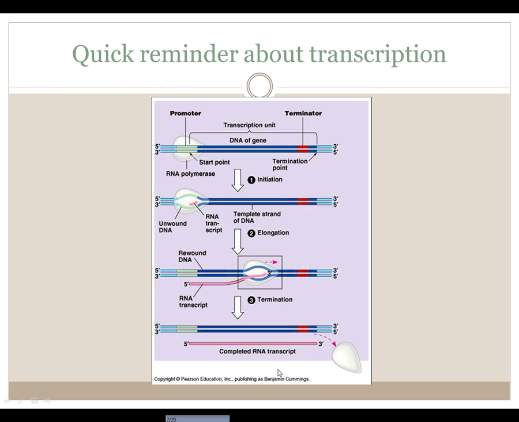With prokaryotes, which is what we're basically going to be talking about in this video, prokaryotes go from transcription to translation in one step. I talked about that in the past, so I'm not going to revisit that, but just remember that RNA polymerase is the enzyme that helps copy that strand of RNA.